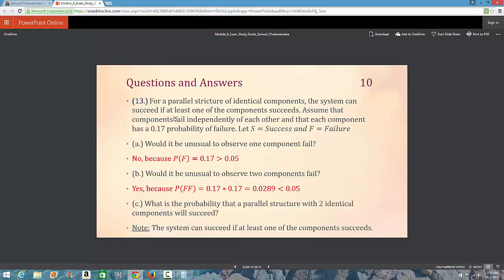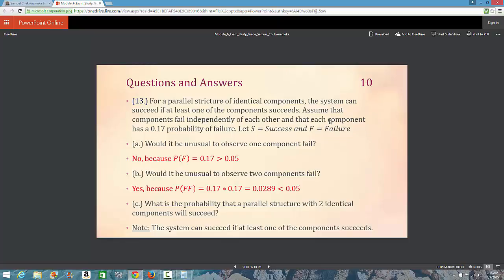Okay, if you have two identical components, if one succeeds, the system will succeed. If both of them succeed, the system will still succeed. So at least one means 1 and above.